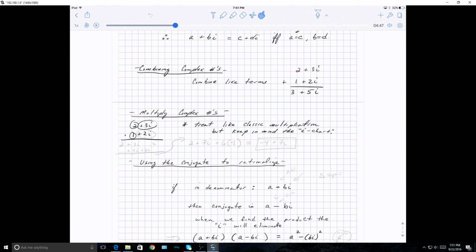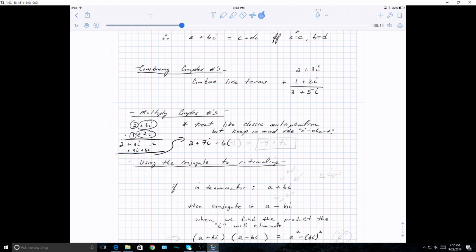So I'll just remind you. And then this would be 2 plus 3i plus 4i plus 6i squared. And when we combine all that, what we're going to end up with is 2 plus 7i plus, well, 6i squared.